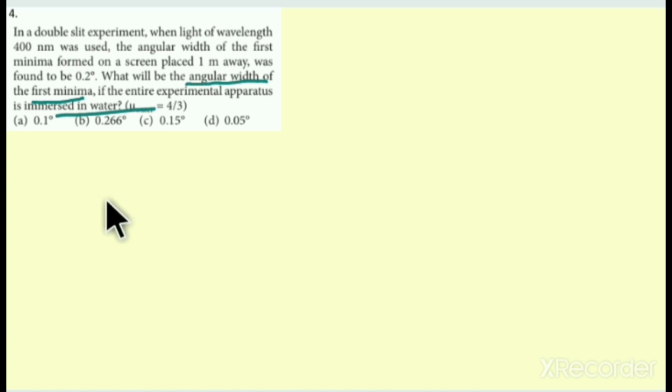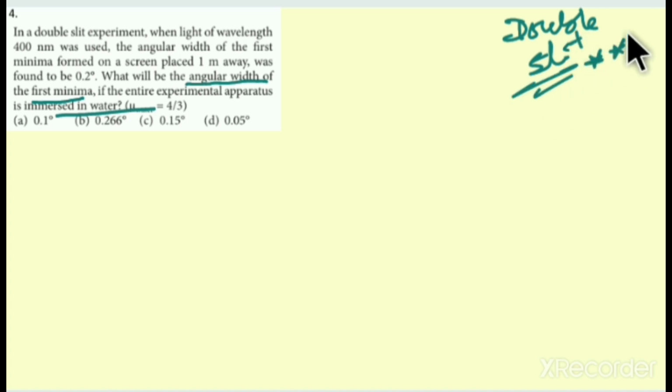So we know, actually these questions are double slit experiment questions, which are very important for any competitive exam. Many questions come from this experiment, so we have to have a good knowledge of this.